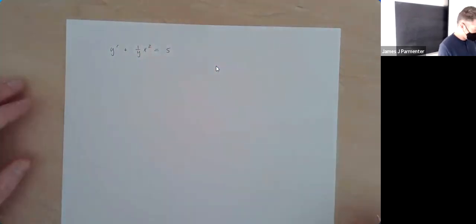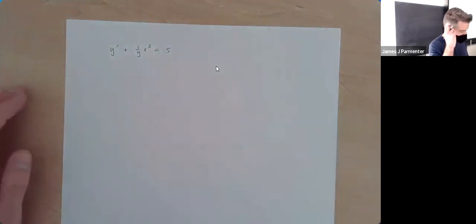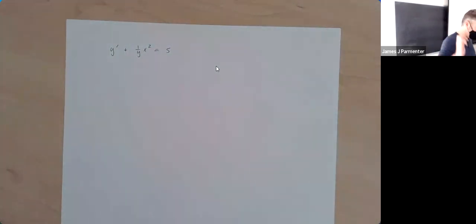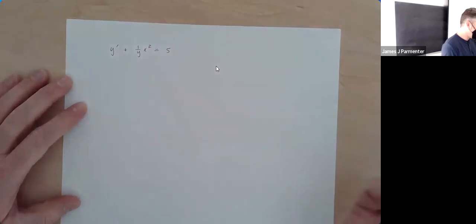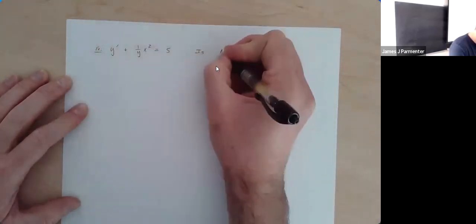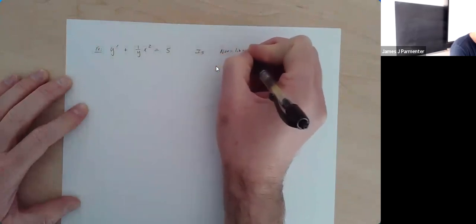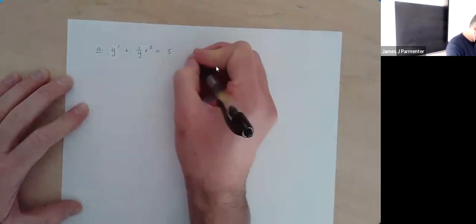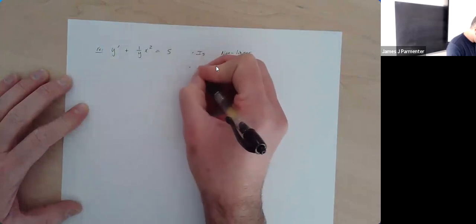This one is also certainly non-linear, because even though it looks like you have a y to the first, that 1 over y is really a y to the negative first. So this is also certainly non-linear, and it would be a first degree.